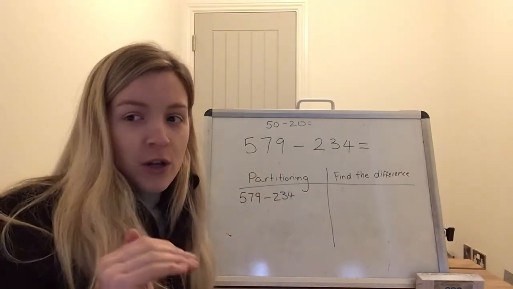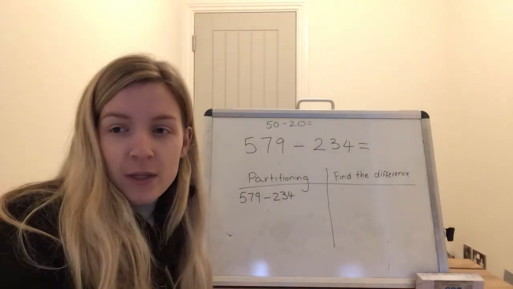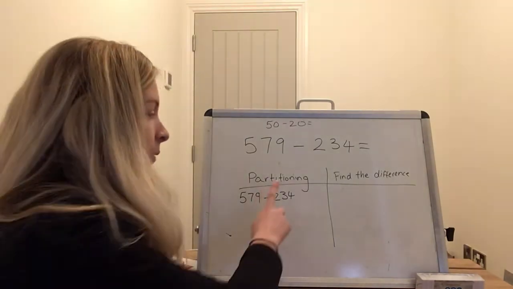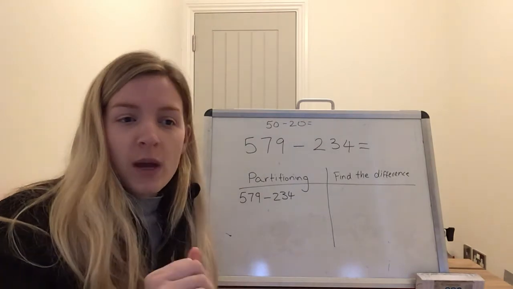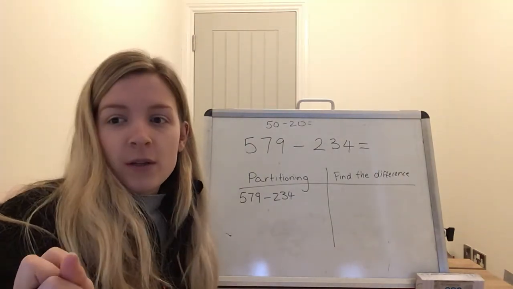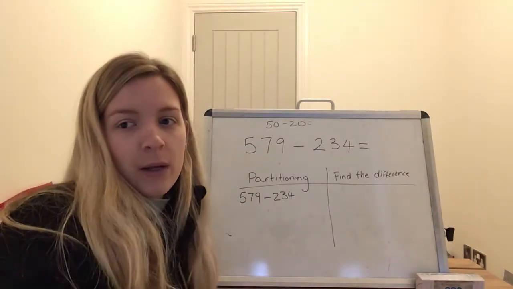And then you have part 2. There are some number problems that you need to work out. Now, I do not mind whether you use partitioning or whether you use find the difference or whether you have a different method, okay? I would like you to think, what is the most efficient way of doing it, and try that way, okay?